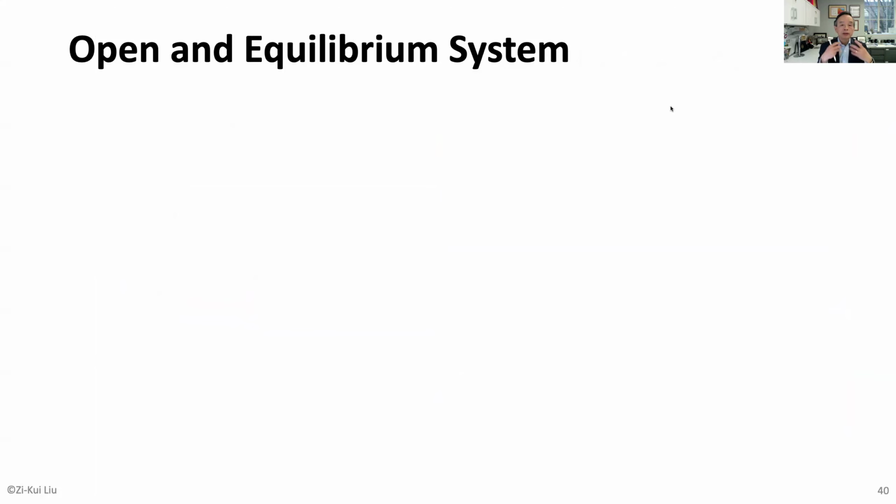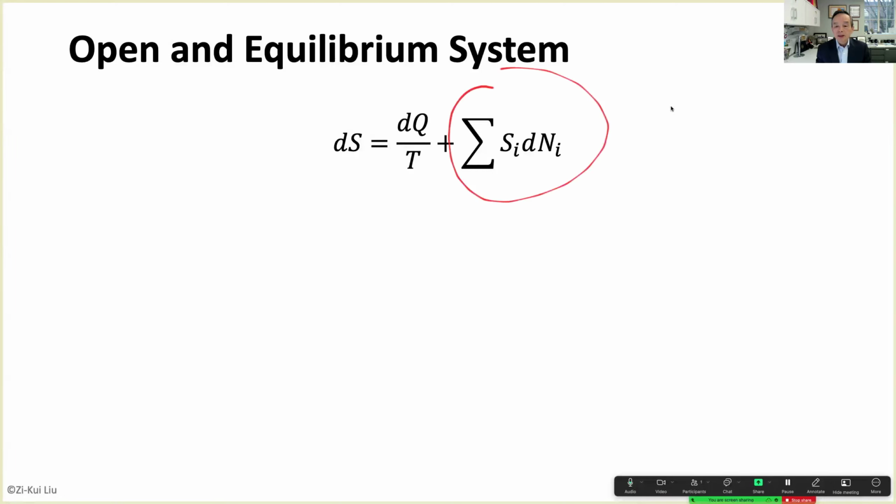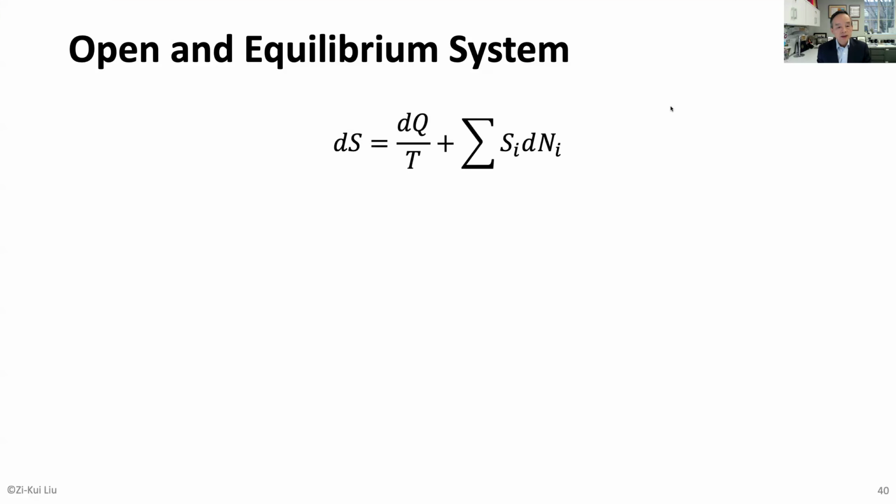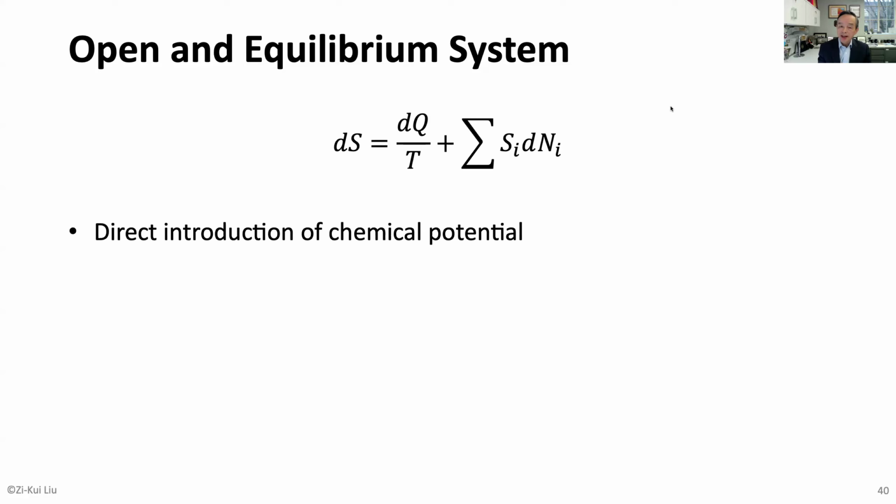Now, Gibbs moved to consider an open system, but still at equilibrium. Now we have one more term. We get the entropy of each component, Si, which we call partial entropy. Now we have to add another term, the energy, to the combined law.